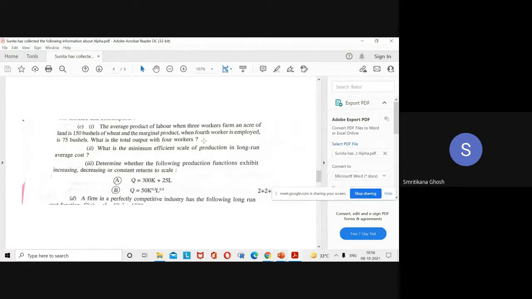Very simple mathematics, school level mathematics. Do it and give me the answer.